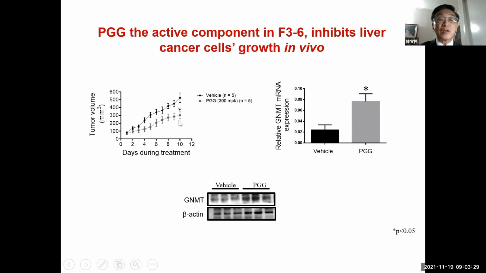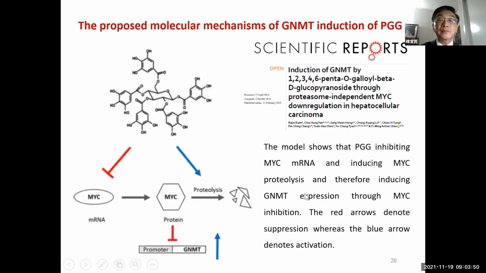The tumor size is significantly smaller than in the xenograft mice treated with the vehicle. And you can see that GMT is induced in the liver of the PGG-treated mice.